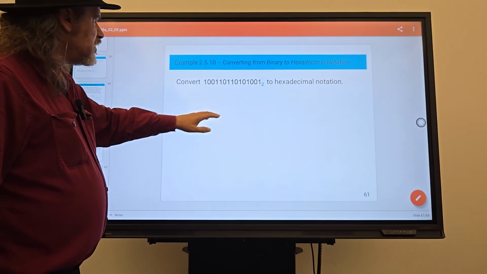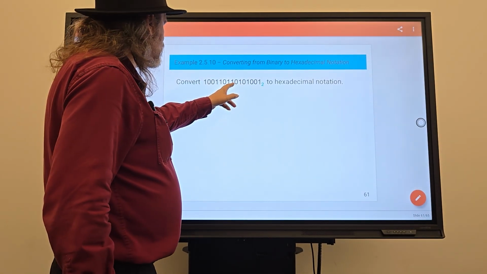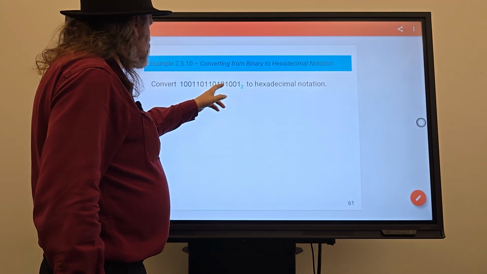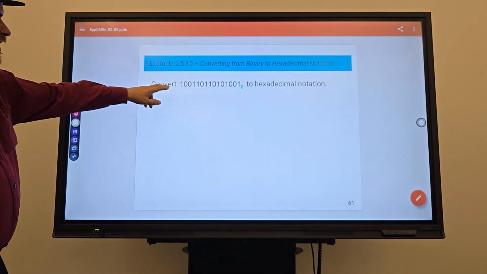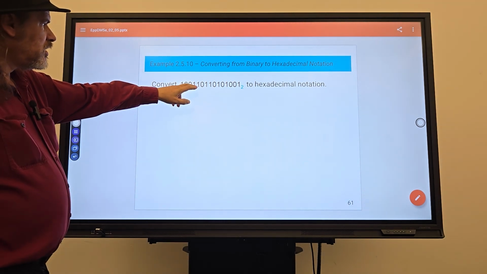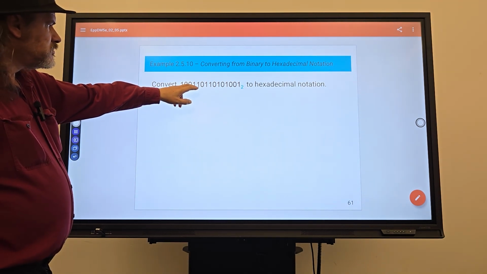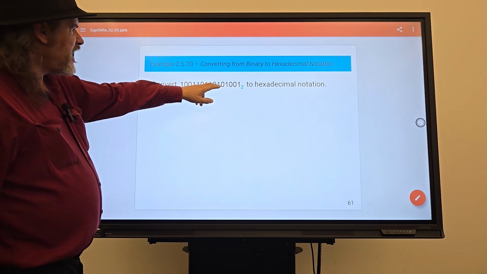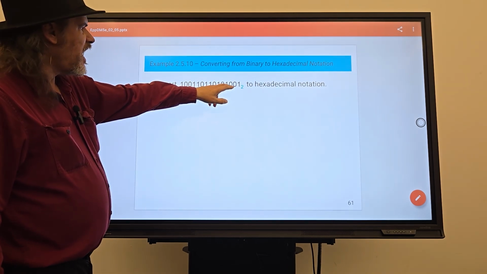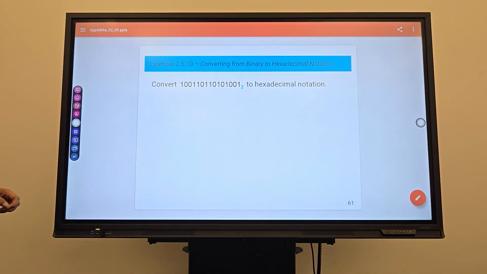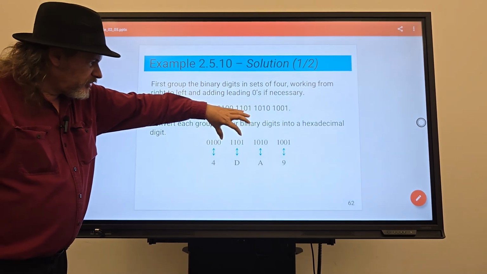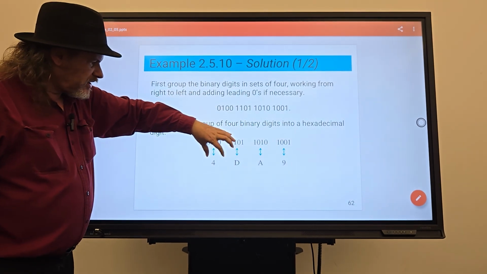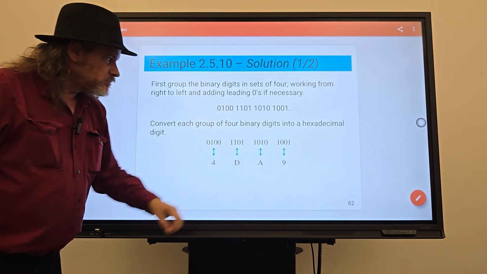How many? It's 1, 2, 1, 2, 3. Okay, so it's 4 D A 9. Is that right? Yes. Okay. 4DA9. So you group them in 4 groups of 4 and find the corresponding hexadecimal digit.